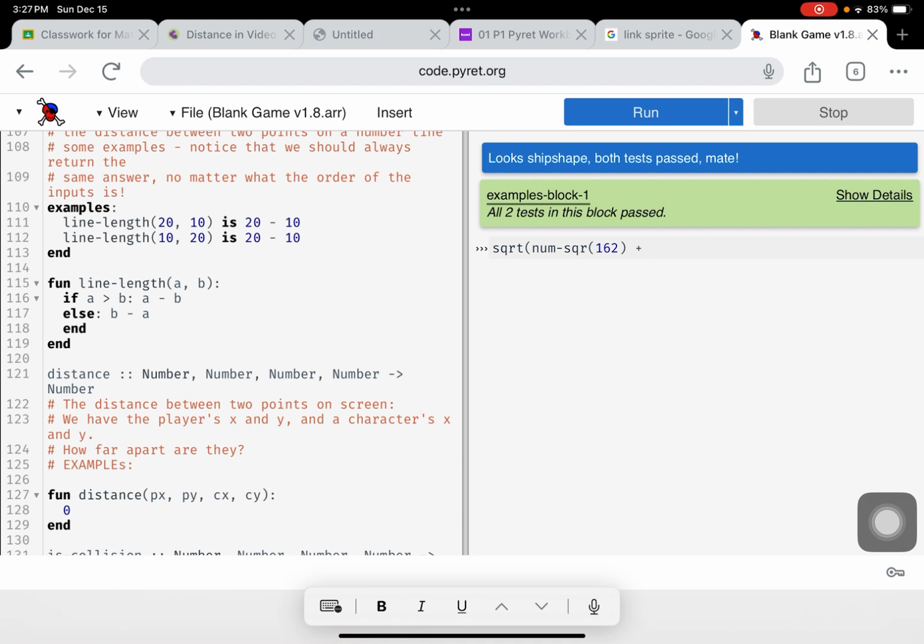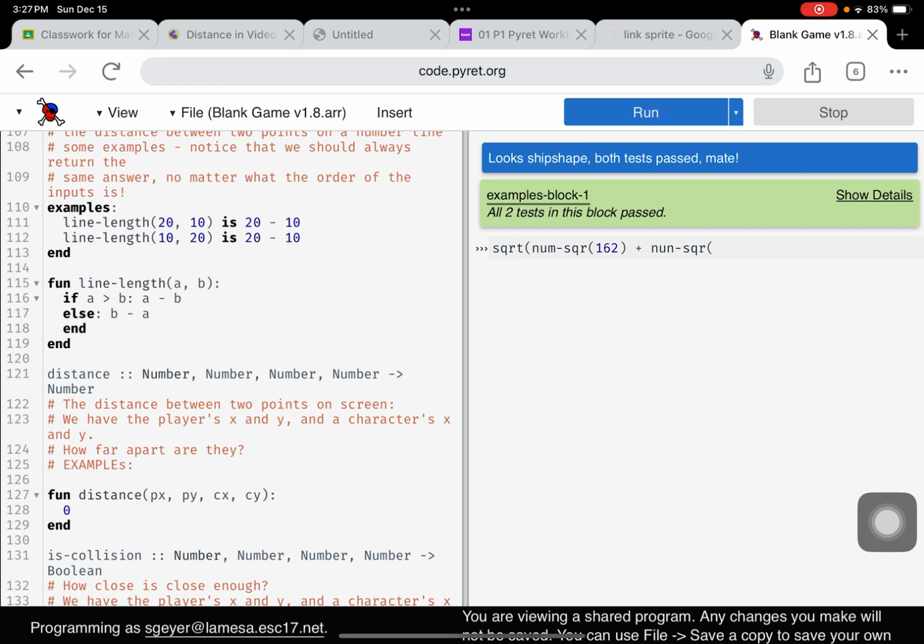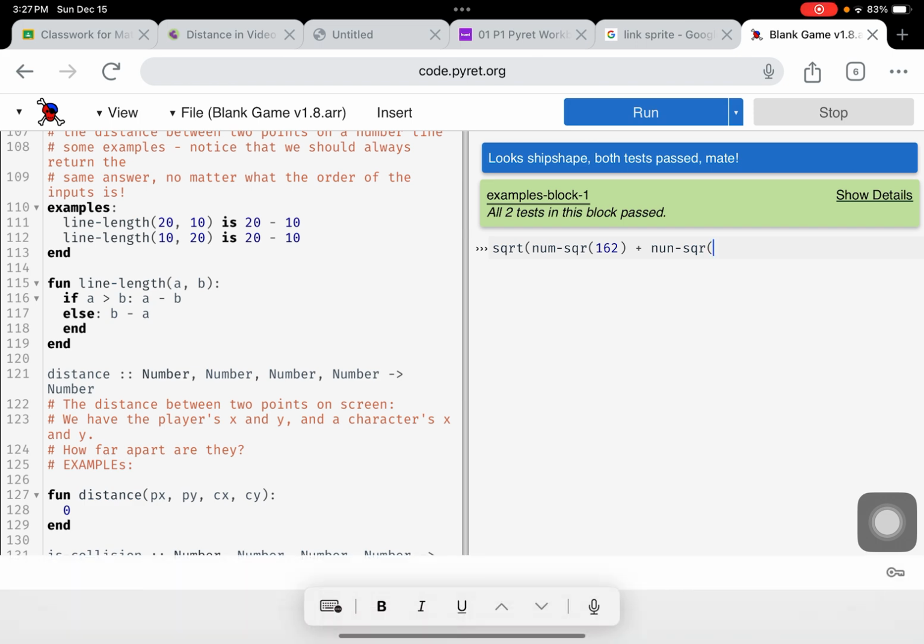You have to put a space between the parentheses between the operations and what you're plugging in. So we're squaring the numbers, and then we add them together and take the square root.